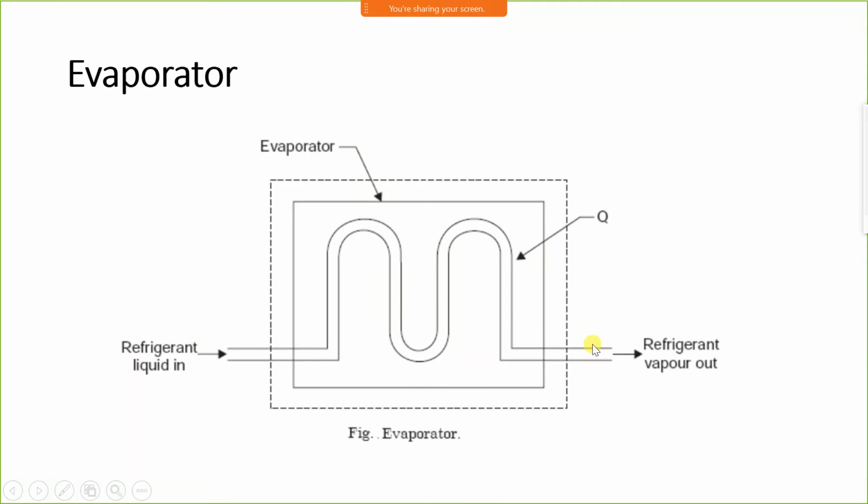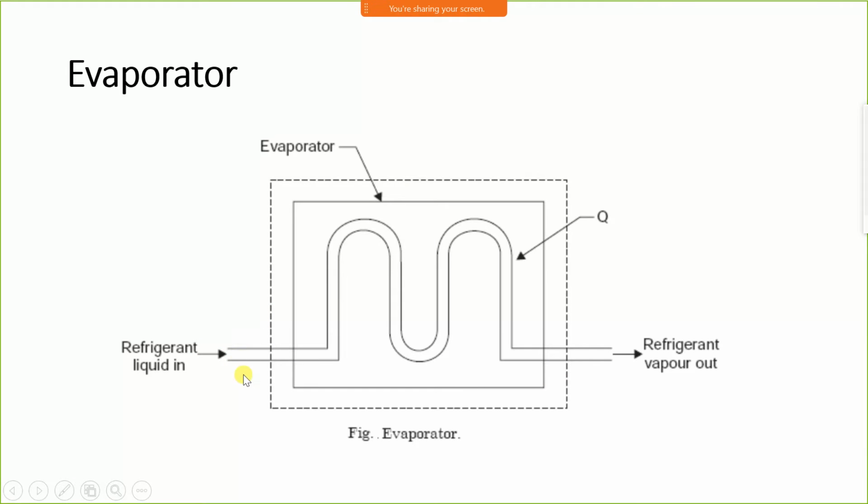Since inlet and outlet are at the same level, there is no change in potential energy. Since the inlet velocity and outlet velocity of the fluid are the same, there is no change in kinetic energy. It means change in potential energy is 0, change in kinetic energy is 0, no work done, only heat transfer takes place.